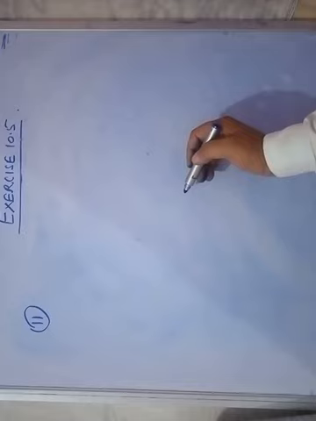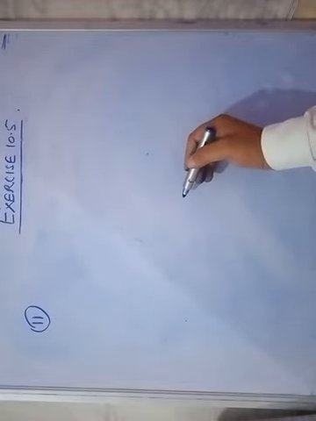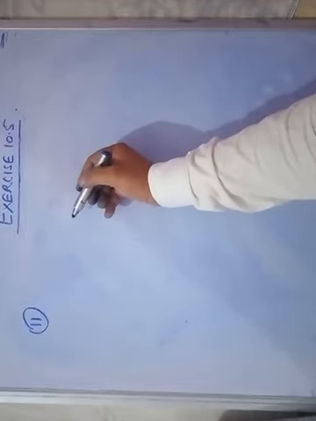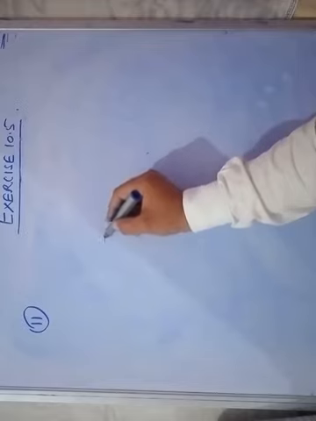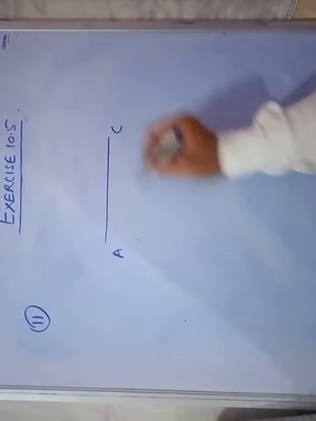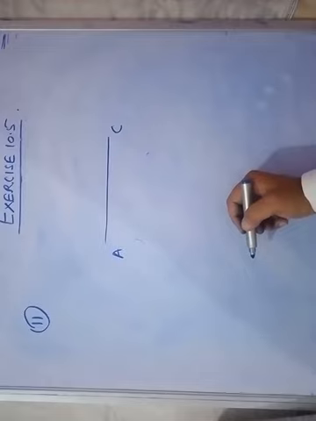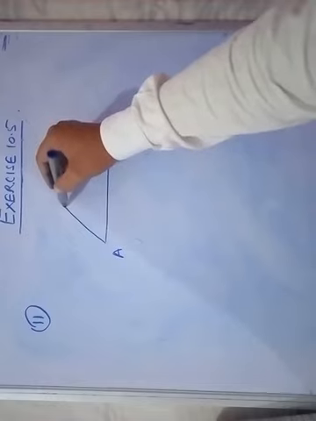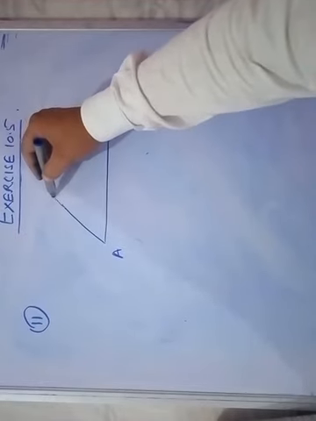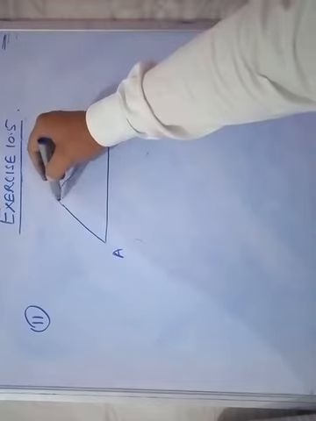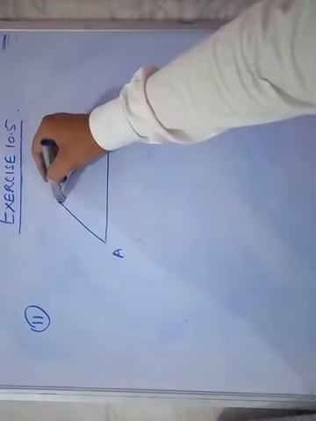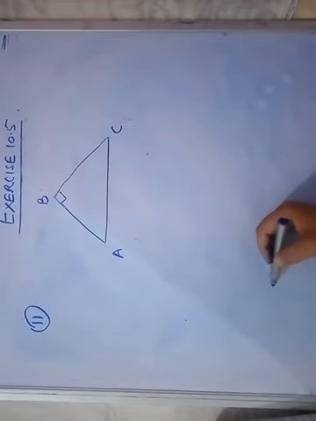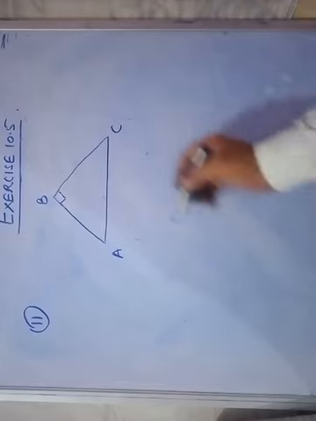Here ABC and ADC are two right triangles with common hypotenuse AC. Let this be AC, and two right triangles ABC and ADC, where one of the right angles is given.